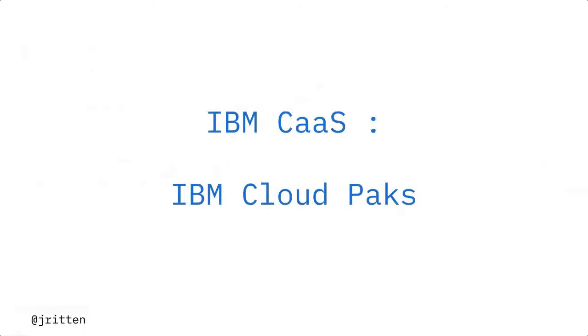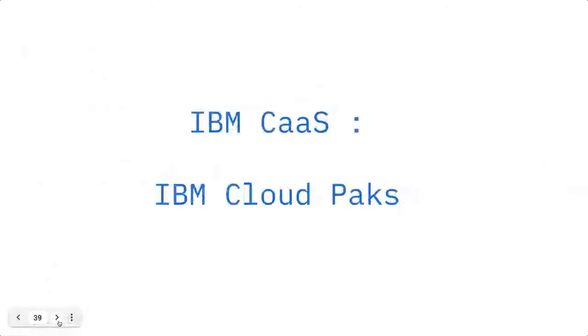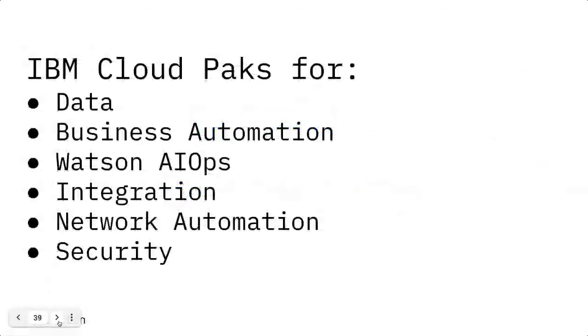Okay, so when we're talking about our IBM CAS offerings, what we're referring to here that we're going to take a look at is our IBM Cloud Paks. So what's an IBM Cloud Pak?